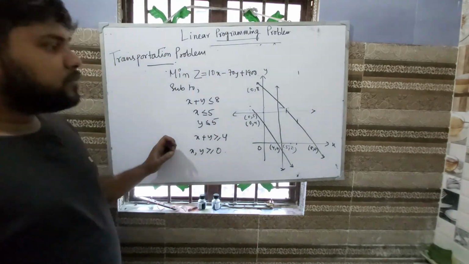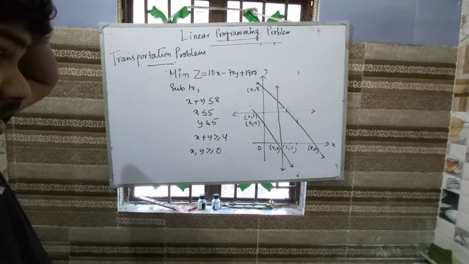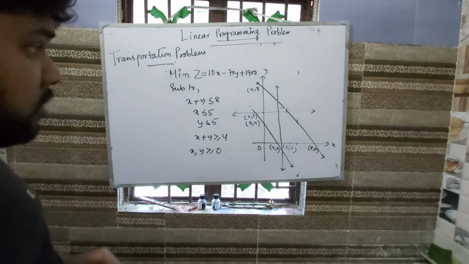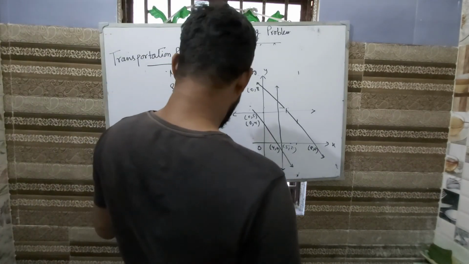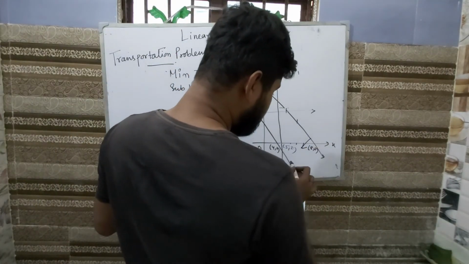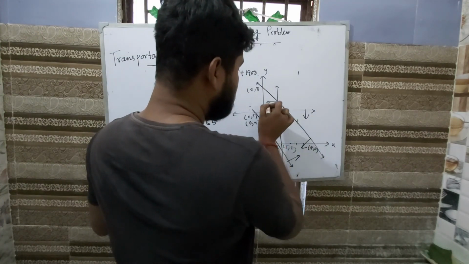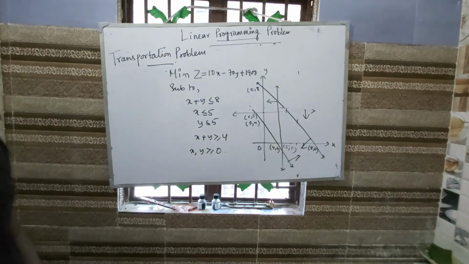Now we have to find the region, which is the required region. Now my figure doesn't look very good, so please excuse me for that. So this is this side, this is this side, this is downwards, this is inwards. Fine.